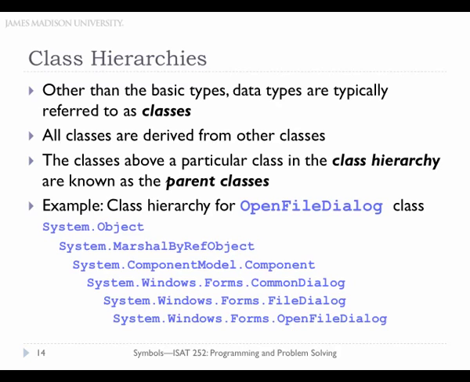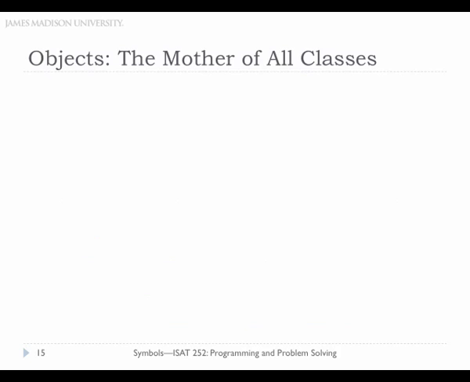Now you'll notice that each one of these class names has a fully qualified name to it. So at the top we have System.Object, below that we have System.Marshal by Ref Object, System.ComponentModel.Component, System.Windows.Forms.Common Dialog, and as you go down the hierarchy you get more specific, and each time you add a new child class it adds some new functionality to the parent class that didn't exist before.